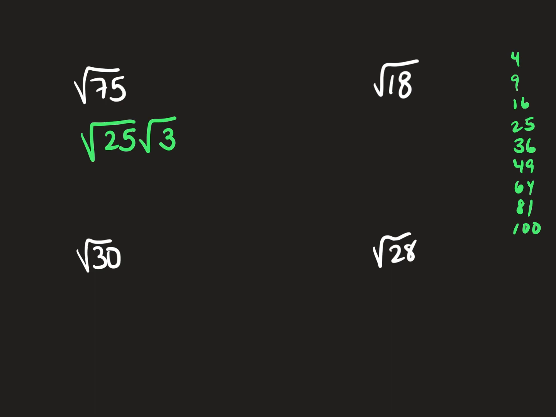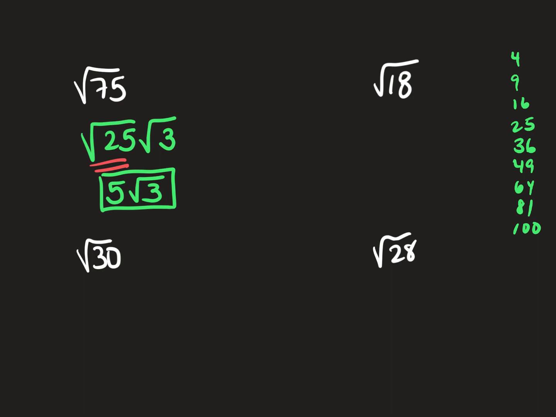Now the reason this is beneficial, the square root of 25 is simply 5. So this becomes 5 times the square root of 3. So I can always tell that I have done it completely because if I look at the 3, none of these numbers divide into 3. So as long as that's small enough that none of these divide into it, I've done it correctly and I've done it completely.